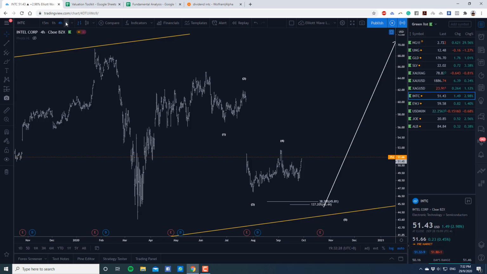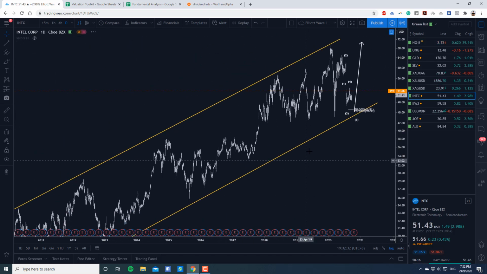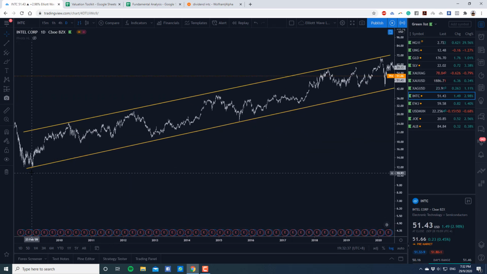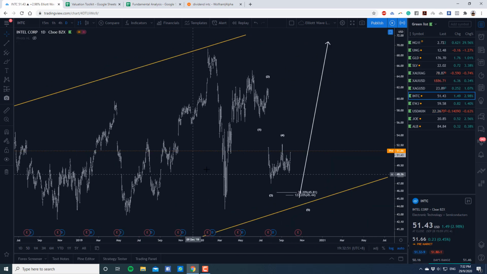If I bring you to the daily chart, you can see historically, all the way back in 2009 after the recession in 2008, Intel has been nicely trending up, respecting this trend. Earlier this year, in March, it dropped and then rallied back up, and right now it's coming back toward this bottom.